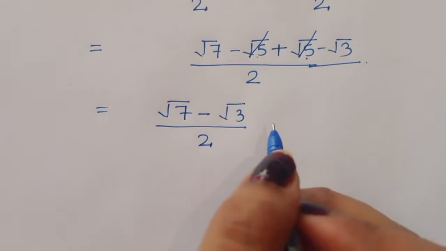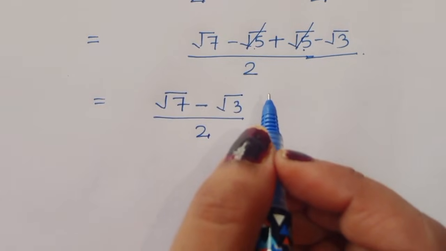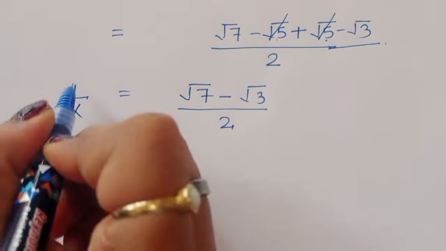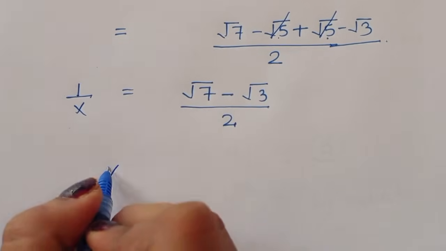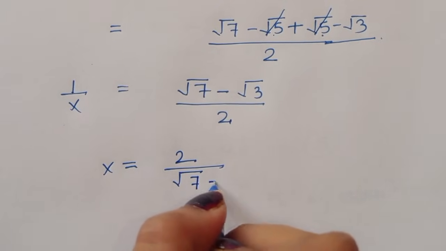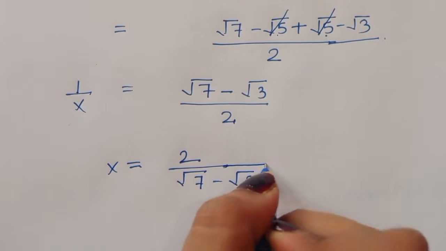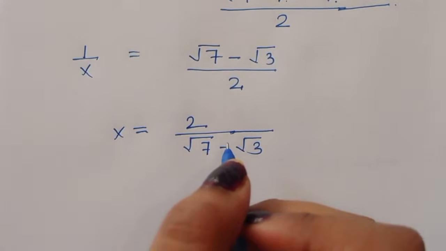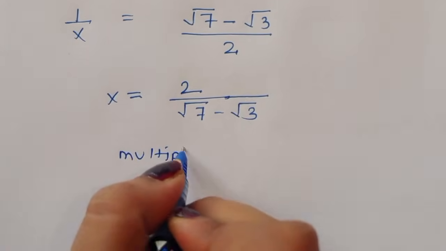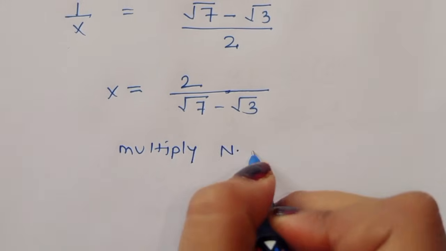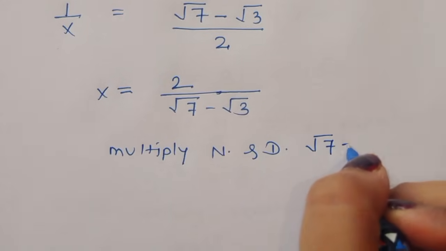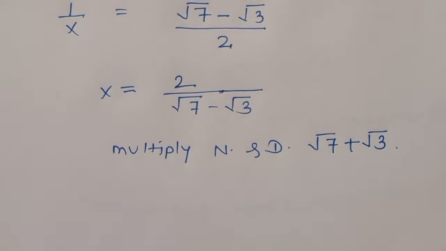Now we can do here one thing, this is the value of 1 upon x, right? So x is equal to, we can write 2 upon square root of 7 minus square root of 3, because we have to find out the value of x here, right? Again we can do here one thing, multiply in numerator and denominator with square root of 7 plus square root of 3.